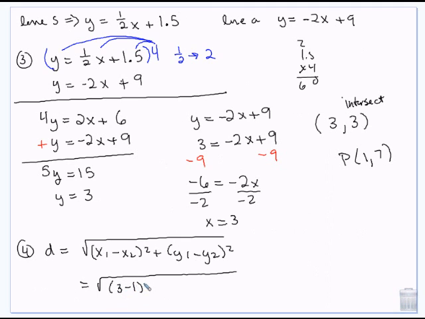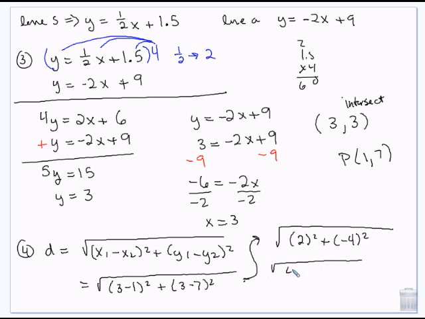So 3 minus 1 squared plus 3 minus 7 squared, which gives me 2 squared plus negative 4 squared, which is 4 plus 16, which is the square root of 20. And 20 is 2 times 10, which is 2 times 5. So I have a pair of 2's, so those can come out, and that 5 gets left behind. So the square root of 20 is going to be 2 times the square root of 5. It's like a little R10.